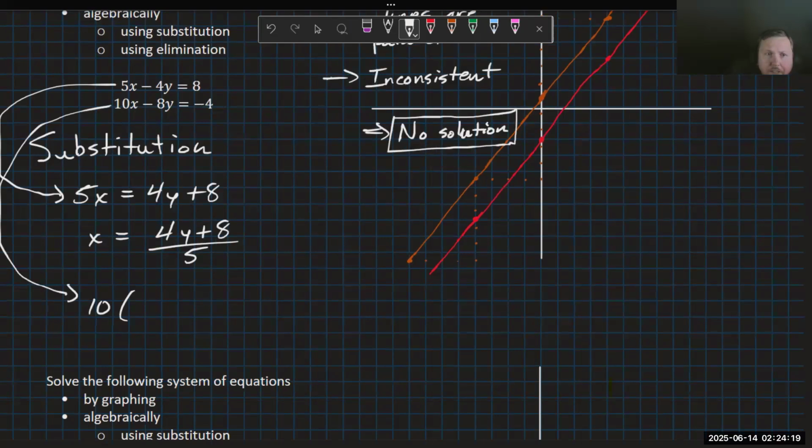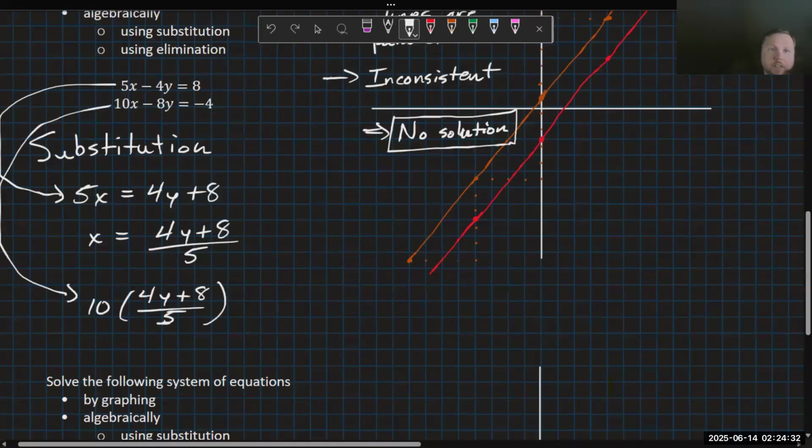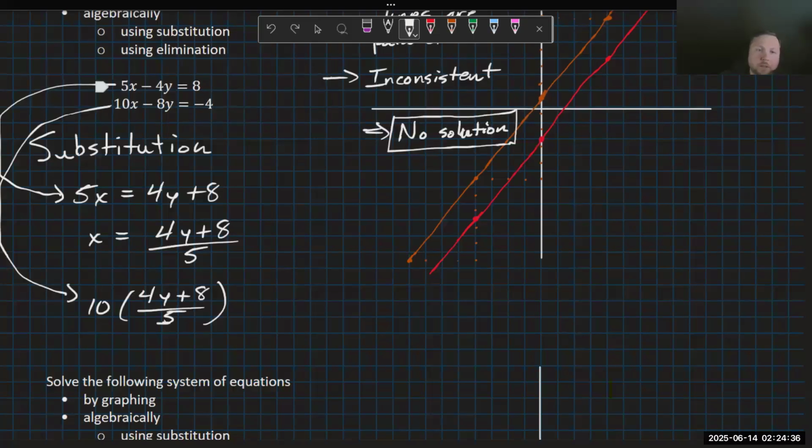So now I have 10 times 4y plus 8 over 5. So I'm taking this x and I'm replacing it with what I found from solving the first equation for x. Minus 8y equals negative 4.